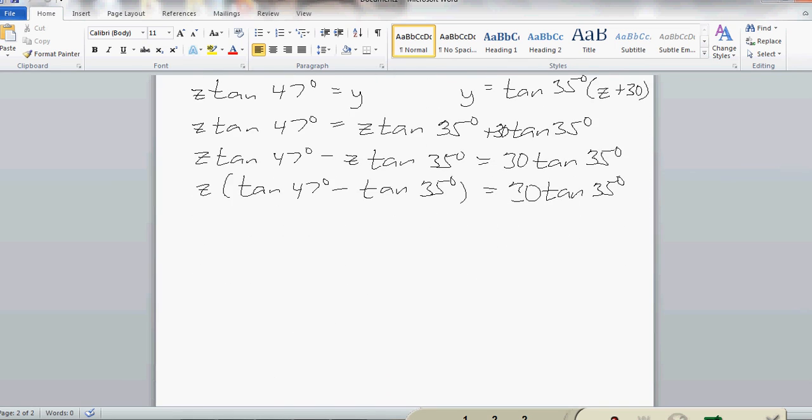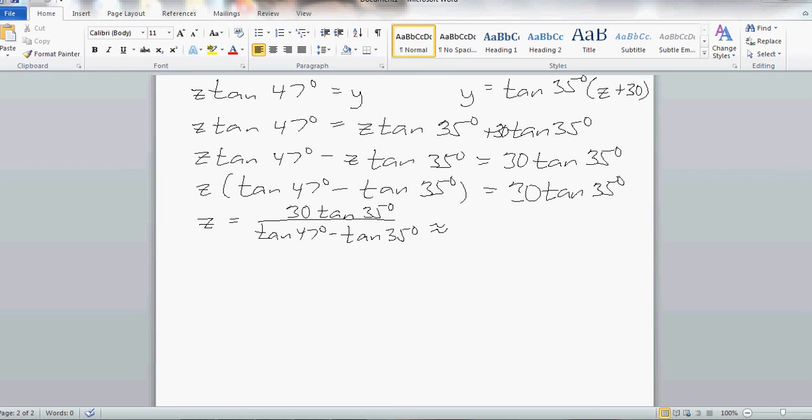And then finally solving for z, but this is not the final question that we're wanting to ask, but we do need to know it in order to answer the question. z would equal 30 tangent of 35 degrees over the tangent of 47 degrees minus the tangent of 35 degrees. And then it's just a matter of plugging in to the calculator. And let's see what we get.